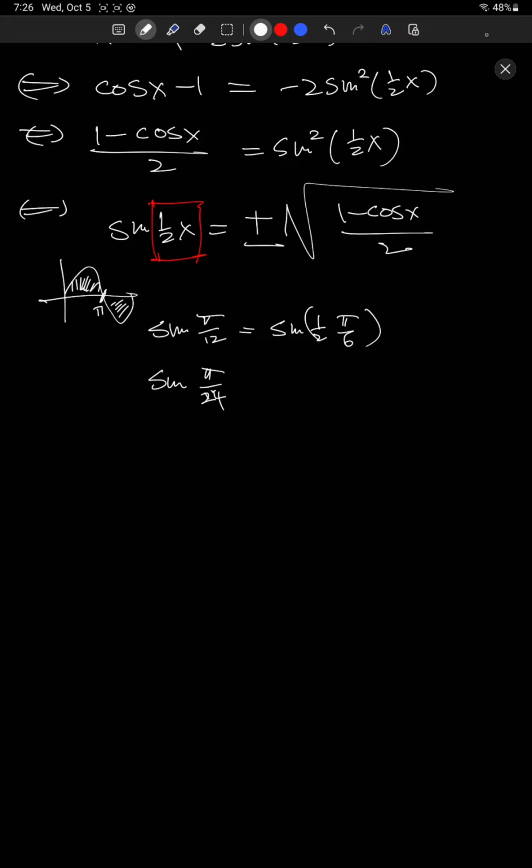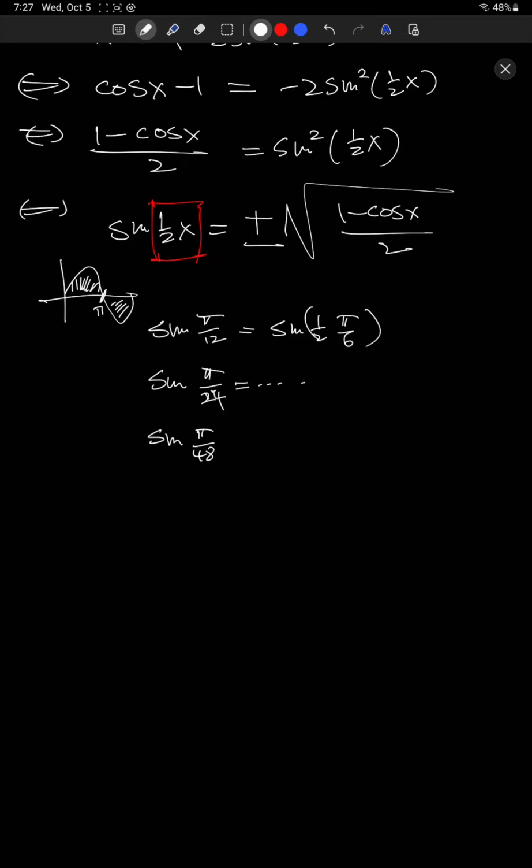And if you want to really make yourself suffer, you can do sine of pi over 48, because pi over 48 is half of pi over 24, and so on. So we end up with a lot of values of sine that we can compute now where previously we couldn't.